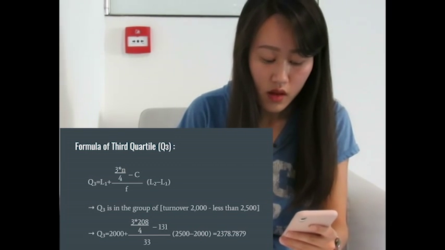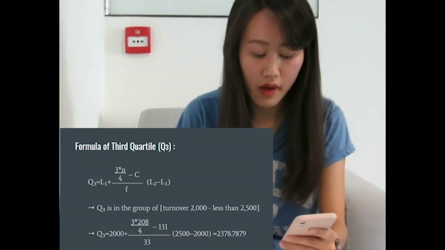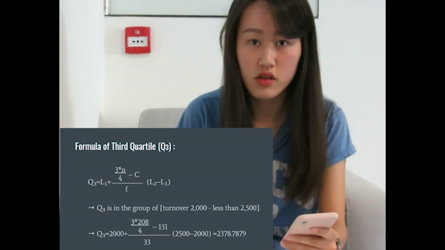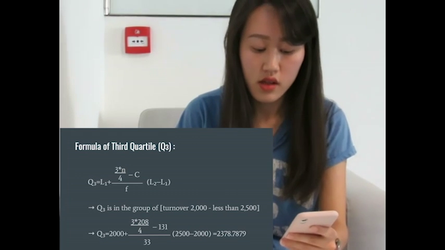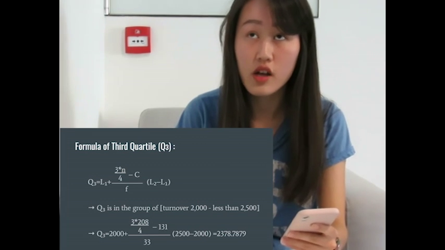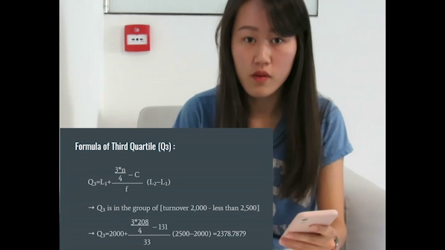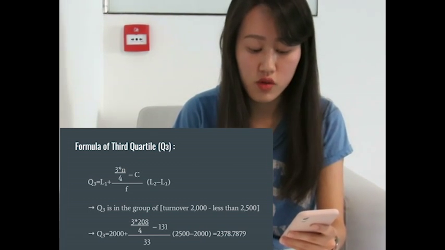And we can know that the third quartile is in the group of turnover 2,000 to less than 2,500, because the total is 208 companies, and divided by 4, we will have 52 companies.